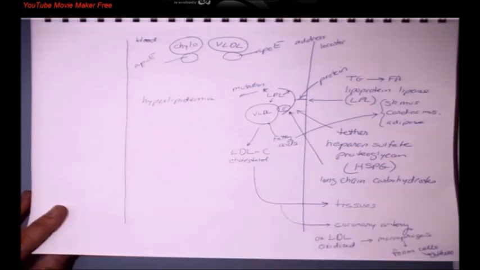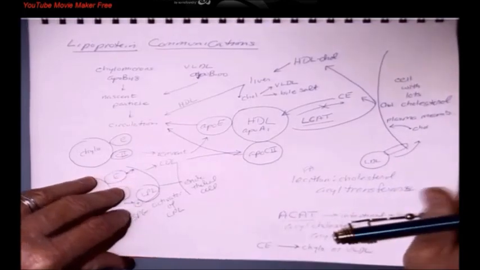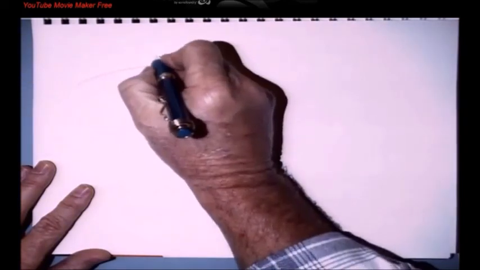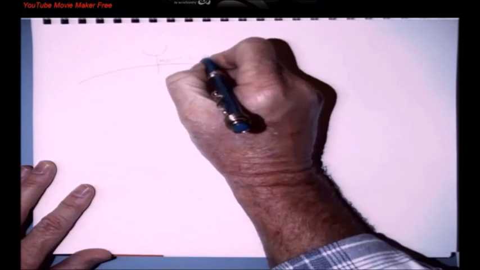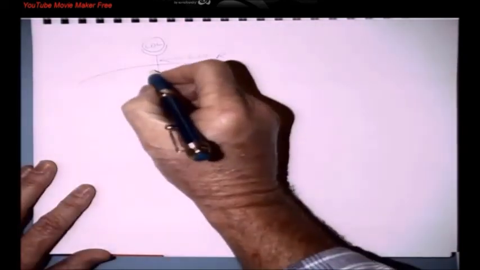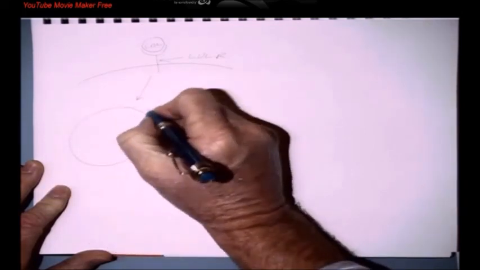Now the reason I bring that up is because of LDL. So the LDL receptor, if this is the LDL receptor, and this is LDL, the purpose of this receptor is to internalize the LDL into intracellular vesicles.